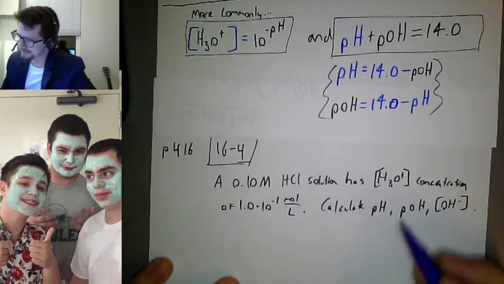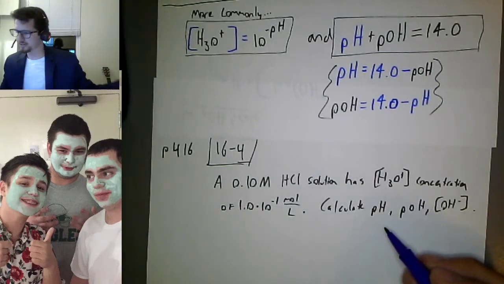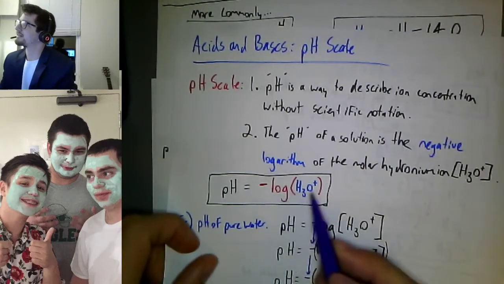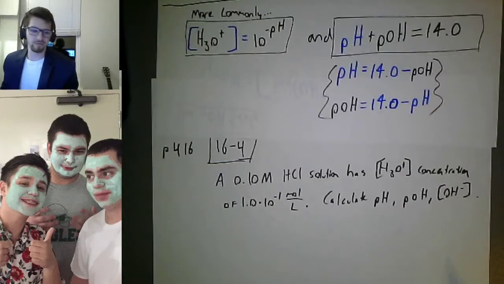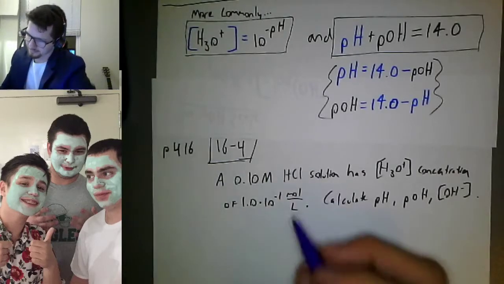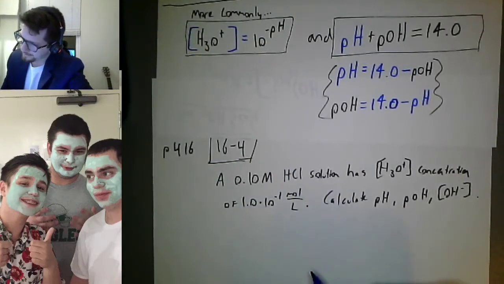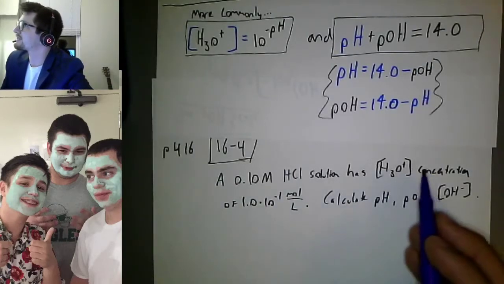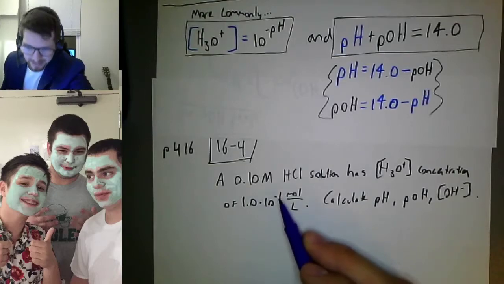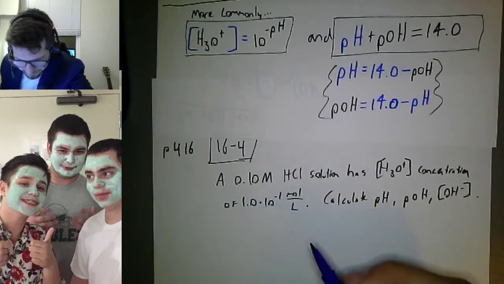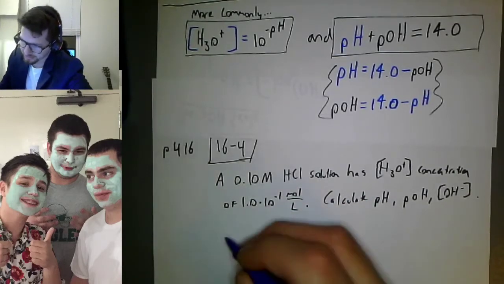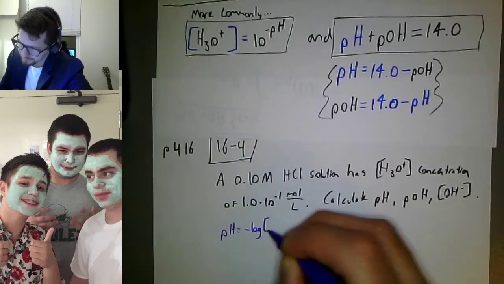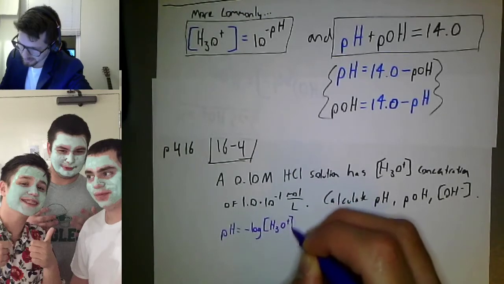So first, let's calculate pH. Let's look at our notes. What was the pH equation? pH equals negative log of hydronium content. So there's my hydronium content, see? H3O plus concentration of 1.0 times 10 to the negative 1 moles per liter. So let's plug this into our equation. pH equals negative log of H3O plus.